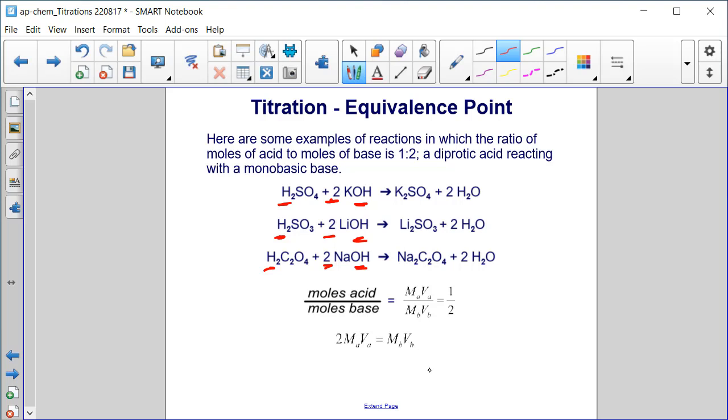Okay. What we're saying is the moles of base is equal to 2 times the moles of acid, and the stoichiometry tells us that.